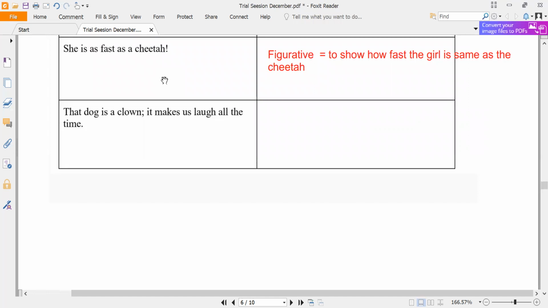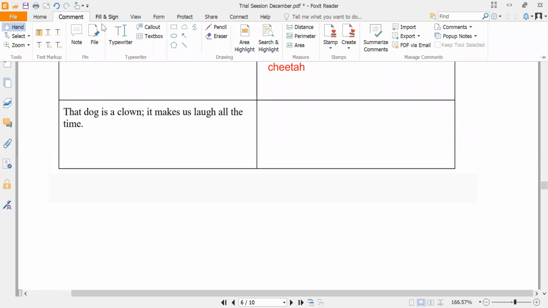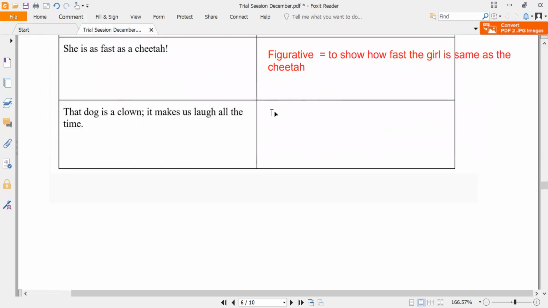Three. Here he says, the dog is a clown. It makes us laugh all the time. Figurative. Perfect. Also, what did he compare here? The dog. The dog is a clown. So perfect.